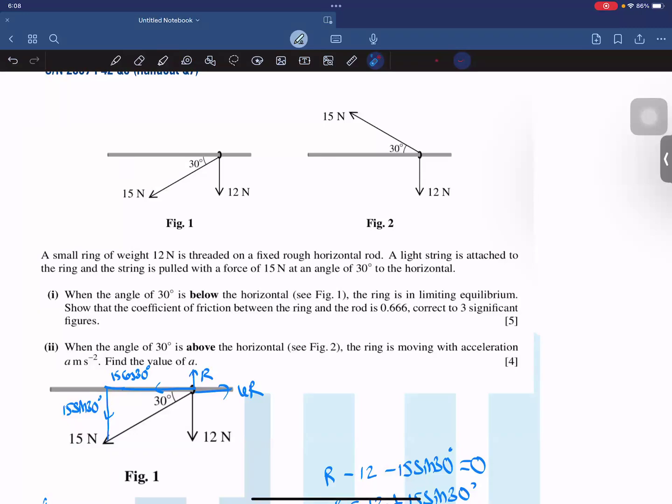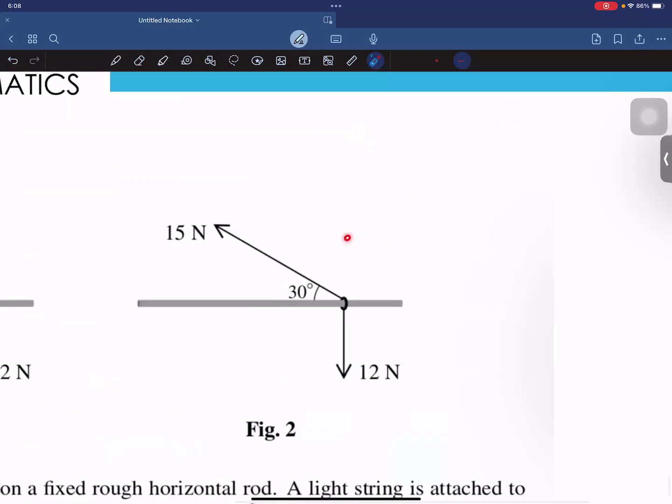So obviously it would make sense that R would change, isn't it? Because now this 15 force would have a component which is acting up the rod. It would be 15 sine 30. This makes sense or not? But the coefficient of friction will not change.